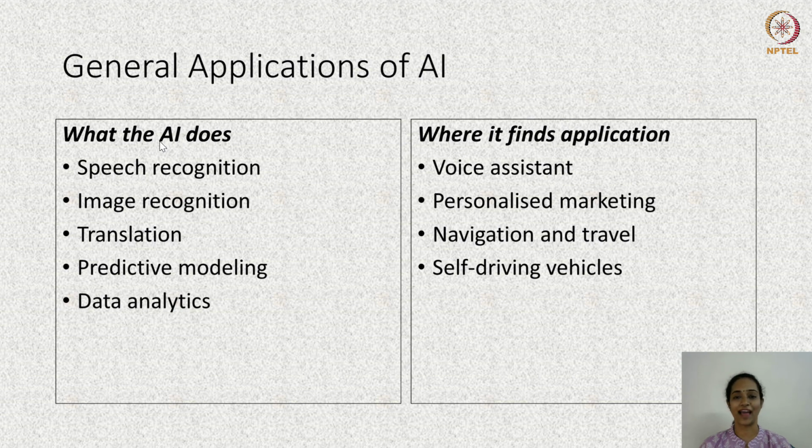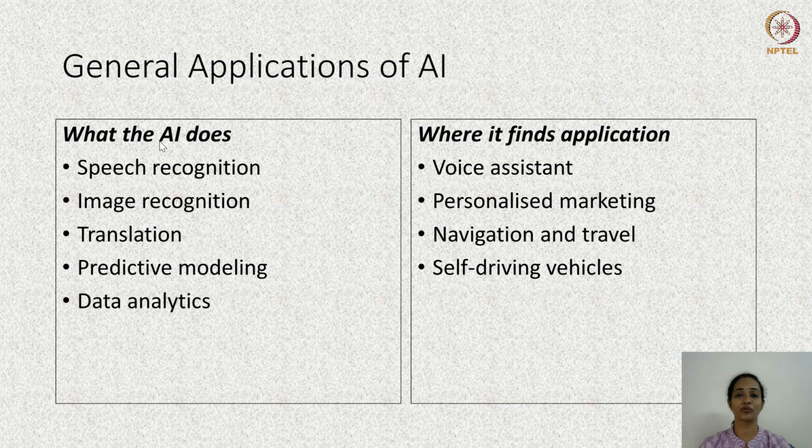Now, how does it find application? The voice assistant in your phone is an example of artificial intelligence. Say you ask your phone to call up a friend. What the AI in the system is doing is to capture your voice, convert it into text, identify your friend's name in the list of contacts, and then initiate a call.